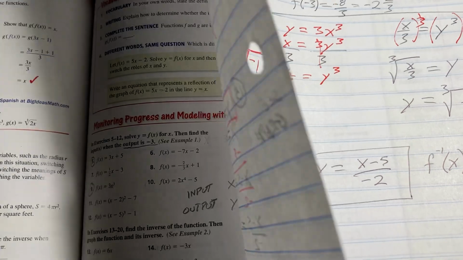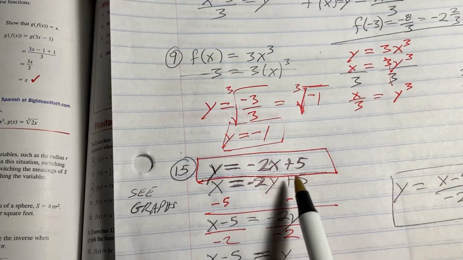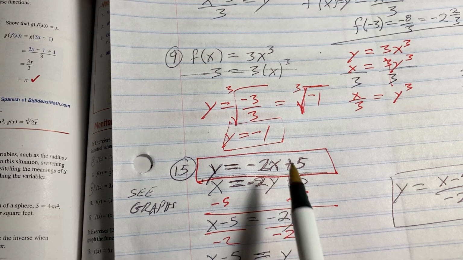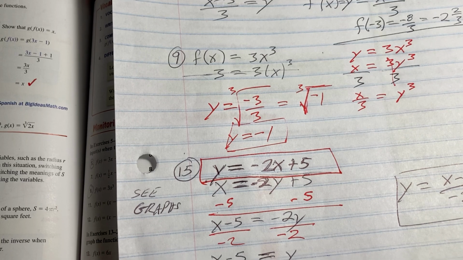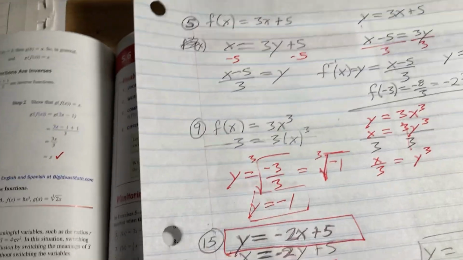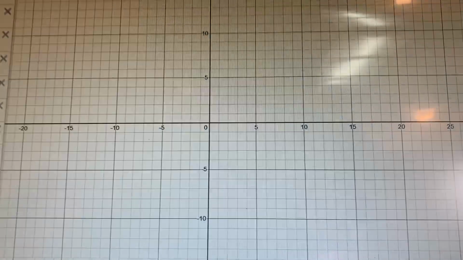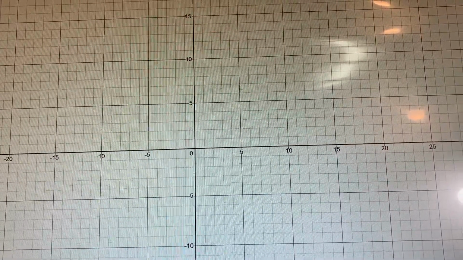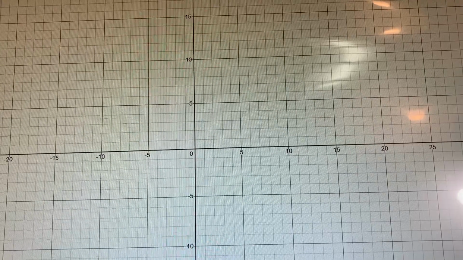Okay, and it says to graph. Graph the function. So you start at the origin. Let me show you this. So negative 2x plus 5.